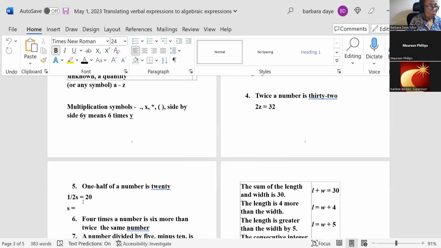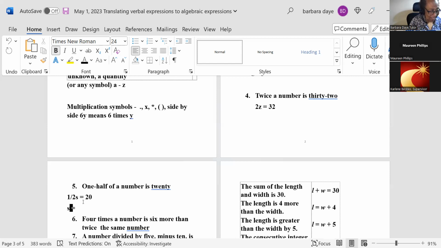Yes. Well, if you have $20 and you got it from half of something, what was that something? It would have to be 40.